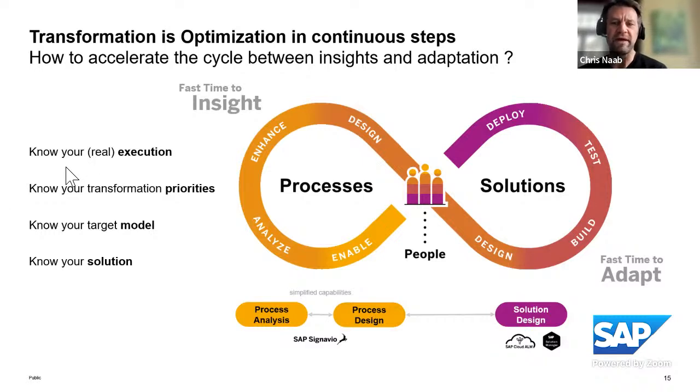So what really drives us when we develop our solutions, those are the two KPIs, fast time to insight and fast time to adapt. So those are the things that really matter in a transformation. Fast time to insight, fast time to understand where we are, and fast time to adapt, and then getting there as fast as possible.